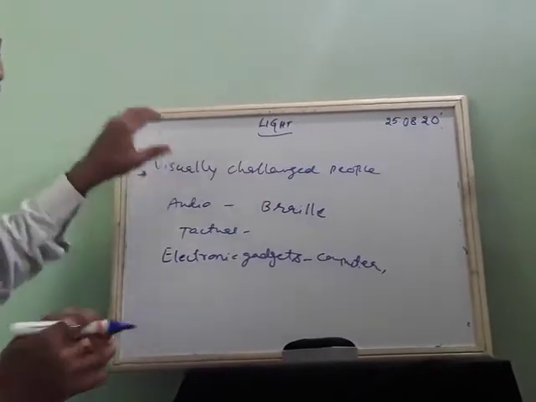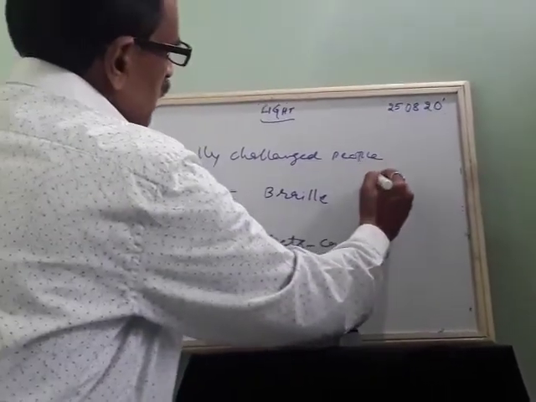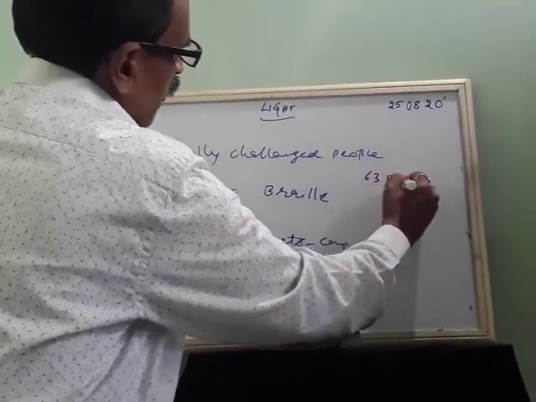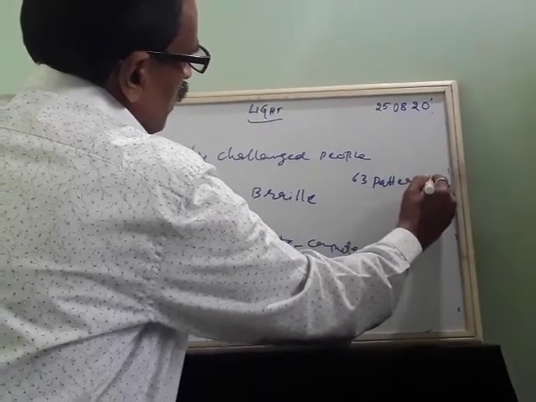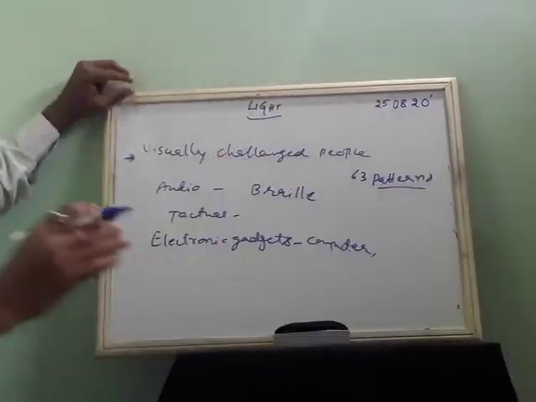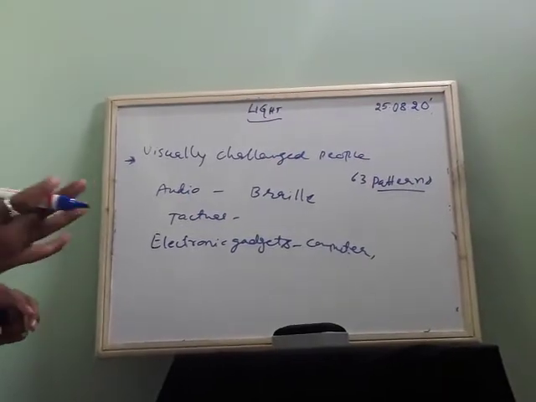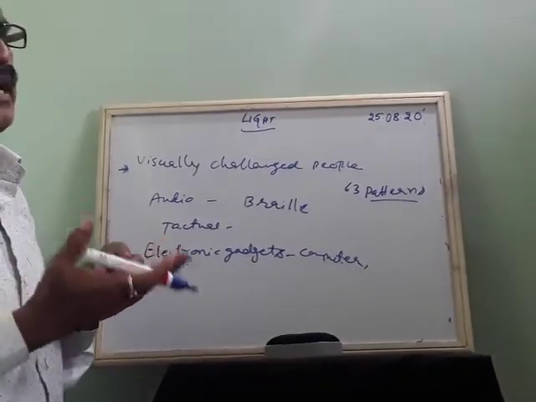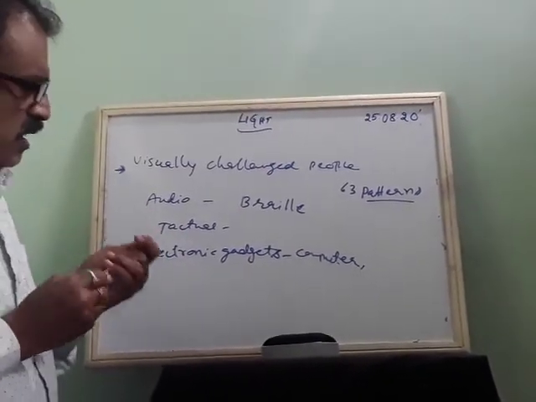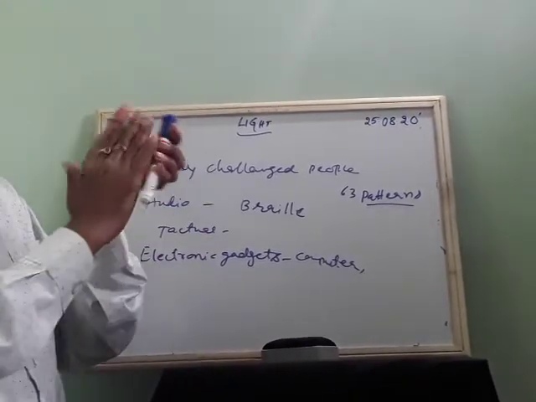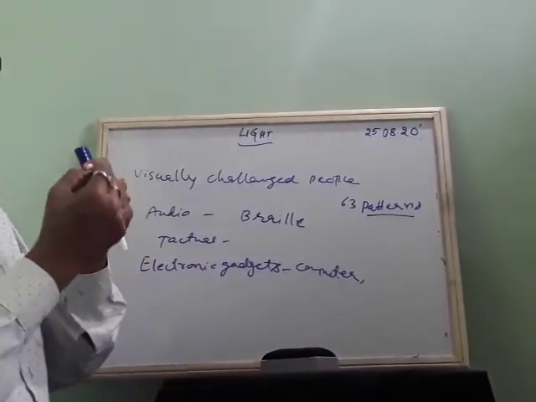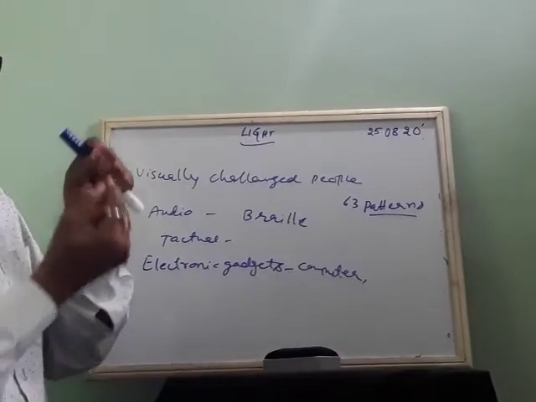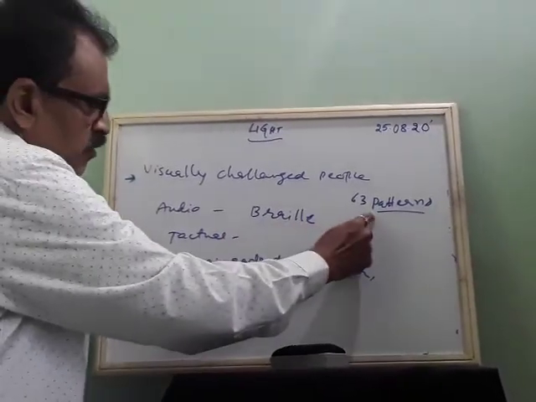For them, he made 63 patterns of the Braille language, okay. This Braille language includes words which are embossed, which are raised. For example, if you take a paper and write, you are able to understand. The same thing they do: they take a pin and write the words in the pattern.